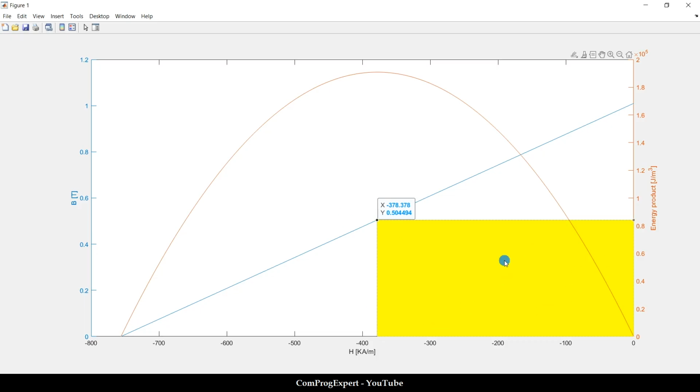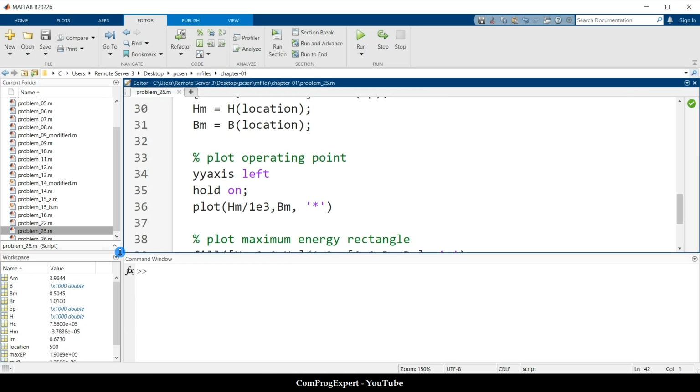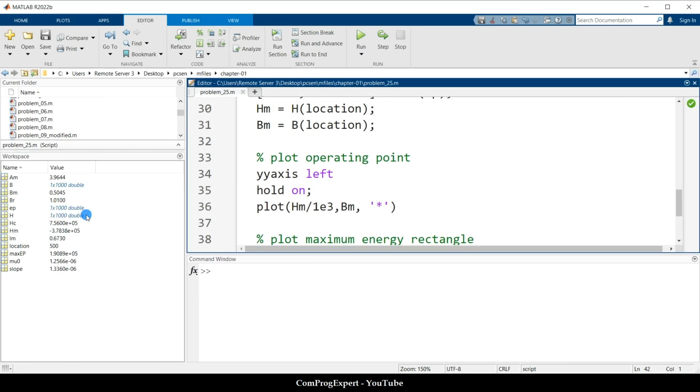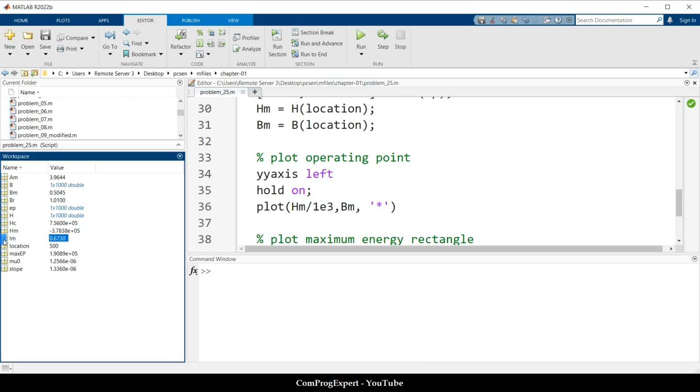This is the area, the maximum product of the B and H. So, what is the value of the length of the magnet? Here you can see the numbers. The length of the magnet is 0.67 centimeter. The area 3.96.